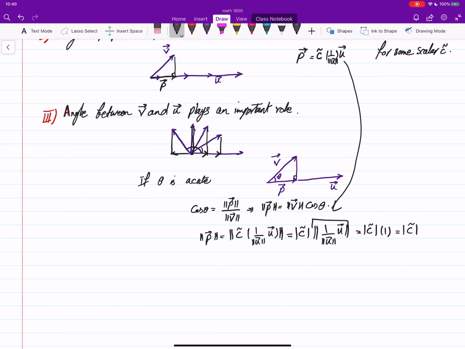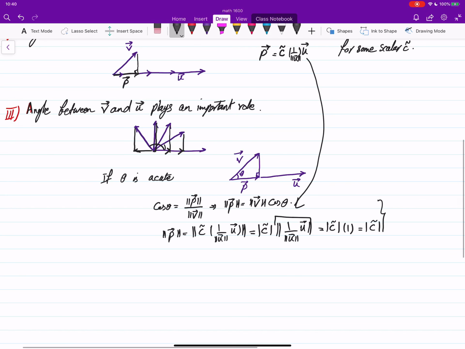So the absolute value of C tilde is going to be the length of this, and we know that length is P. So the absolute value of C tilde is the length of V times cosine theta. We almost found everything.